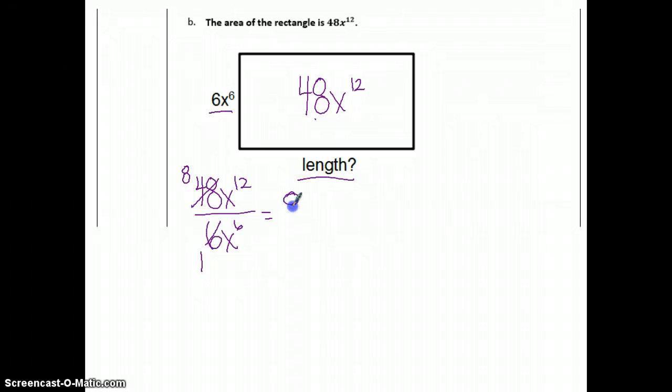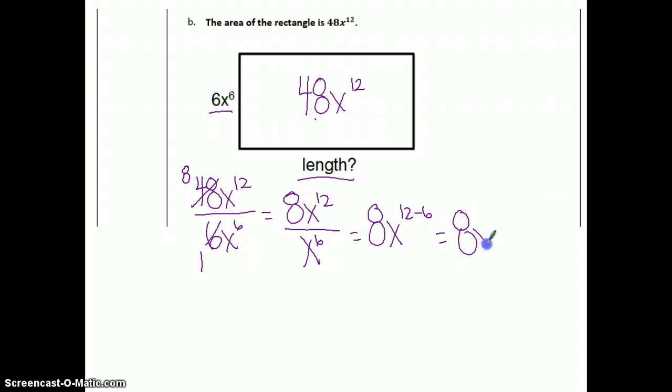So I have 8x to the 12th divided by x to the 6th, which will give me 8x to the 12 minus 6, which is 8x to the 6th. Again, I can check that by multiplying. 6 times 8 is 48, x to the 6th times x to the 6th. We add those and get x to the 12th. So I know that I'm right there.